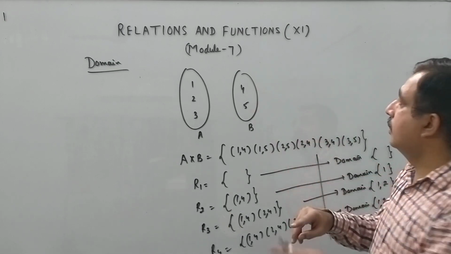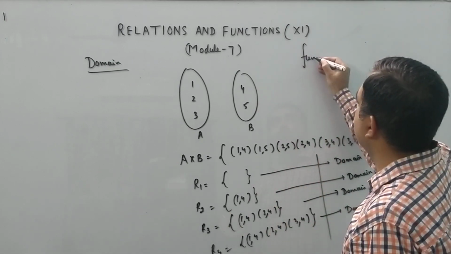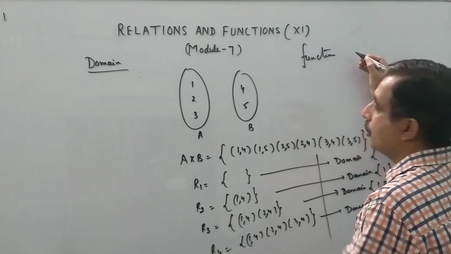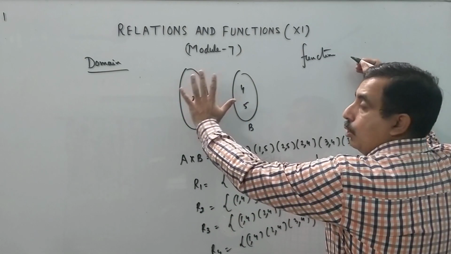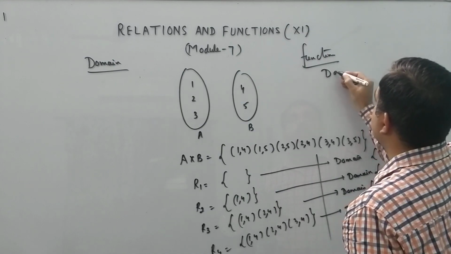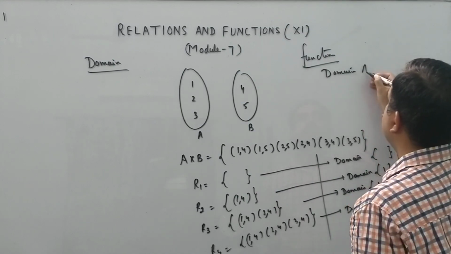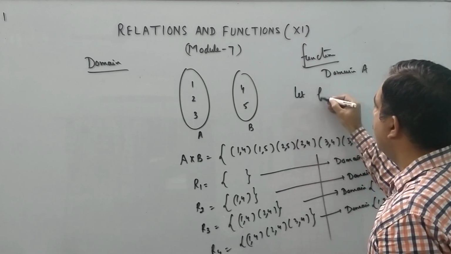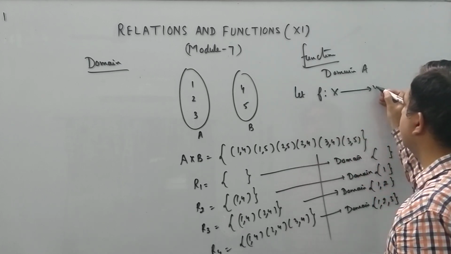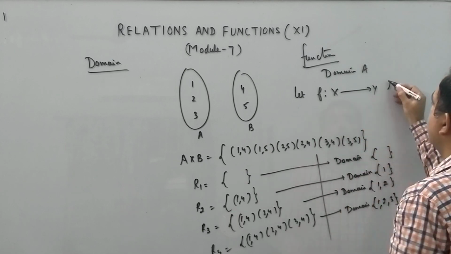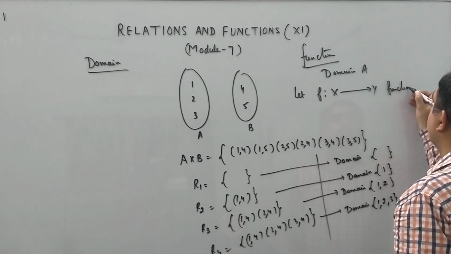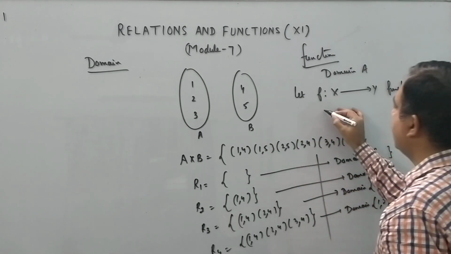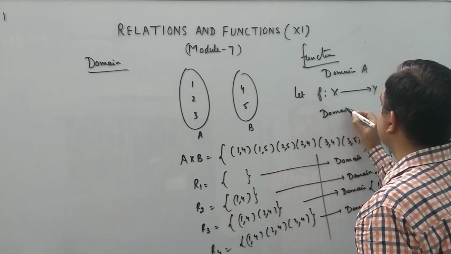But when we talk about function, in function, this set is called domain. What is domain? For function, domain is A, the full set. Let f be a function from X to Y. If we say it is a function, then what is domain here?